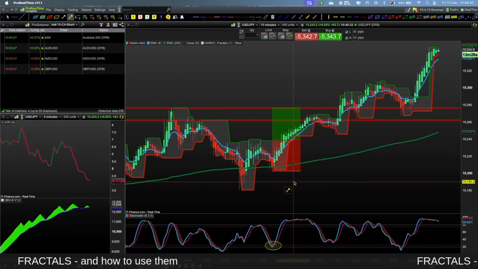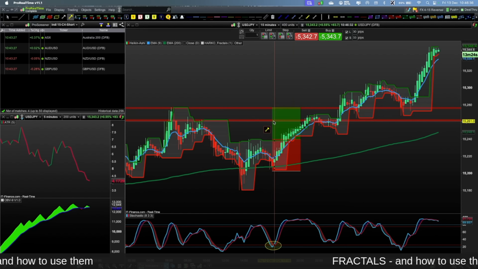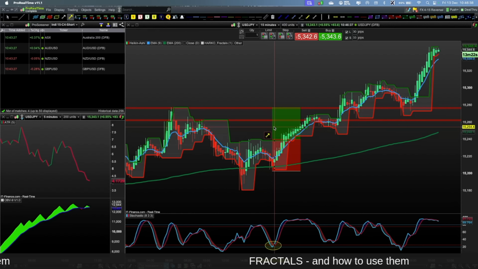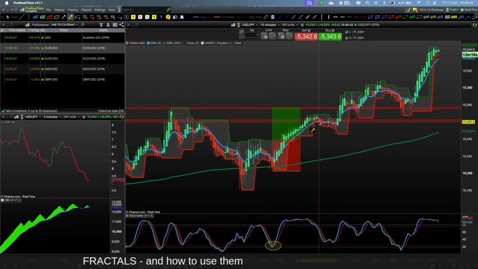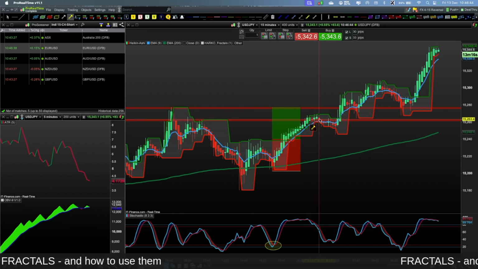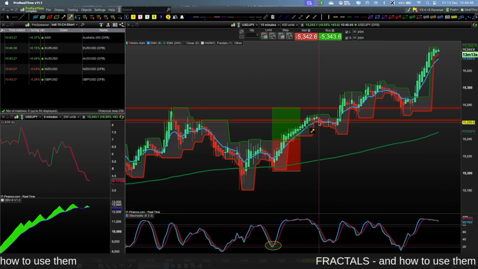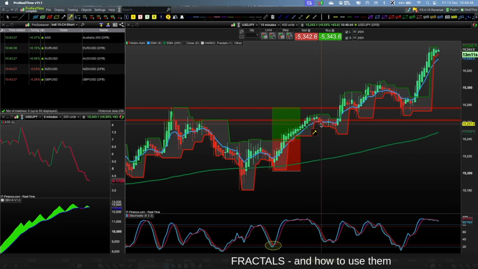Okay. So what I would personally do on here is as the market comes up to this level, I would be looking to take half off if the market drops under the 9 EMA, and it did.